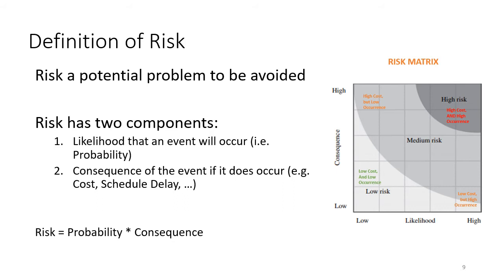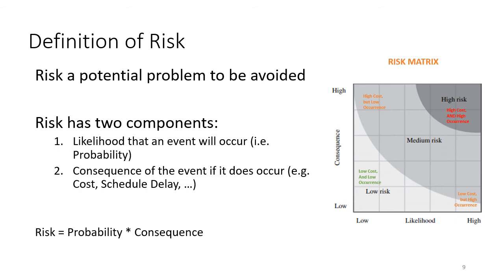The first is the frequency of occurrence, the likelihood that an event will occur, and then the consequence or the severity if that event were to occur. And severity is typically in terms of cost, schedule, or product performance. So risk has two components: the likelihood that the event will occur, and the severity or consequence of the event.